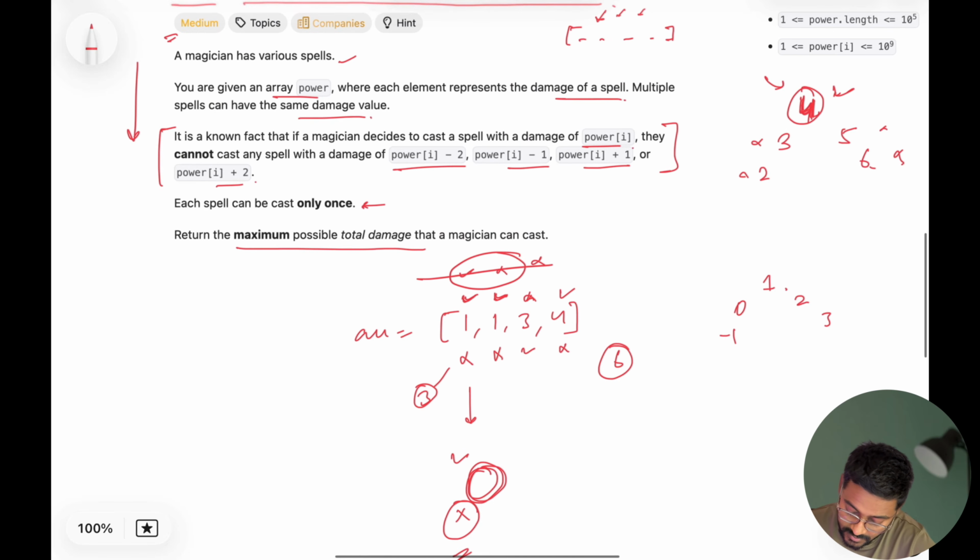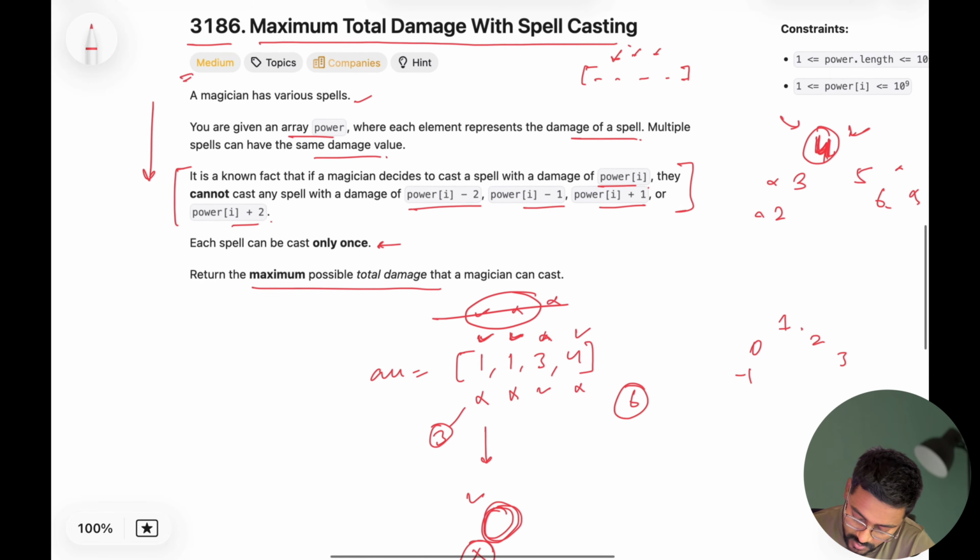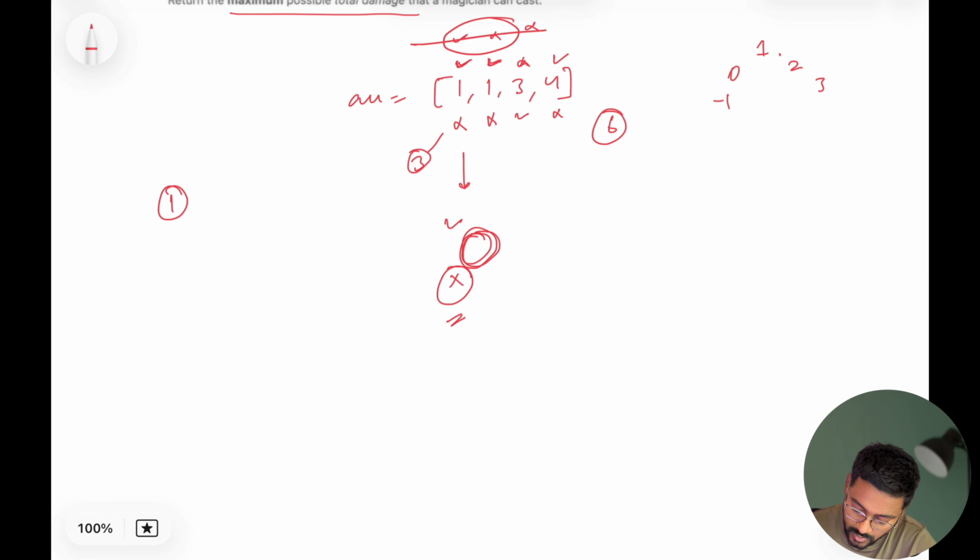So in short, the first observation is, if I'm considering value A, then I have to consider all the instances of A. Either take all the damage of A or do not take any of it.